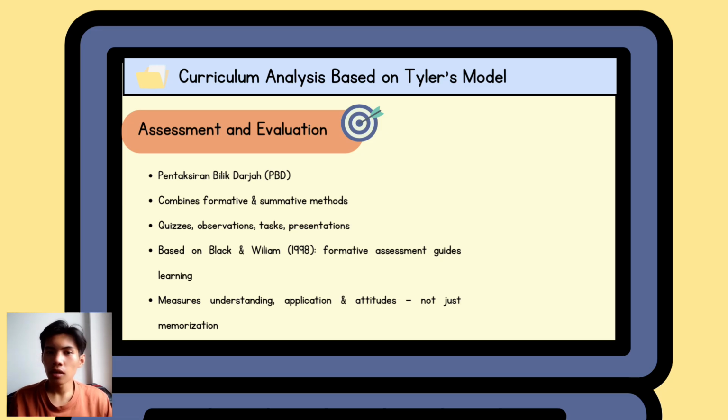According to Black and Wiliam, 1998, formative assessment provides continuous feedback that supports both teaching and learning.